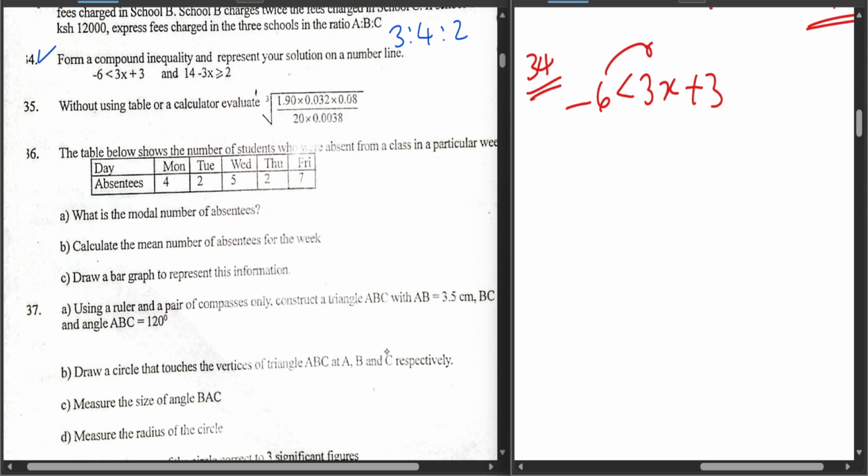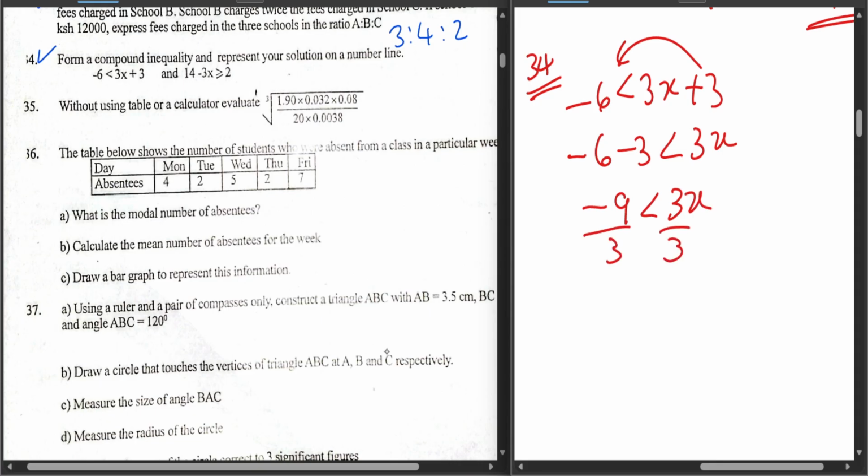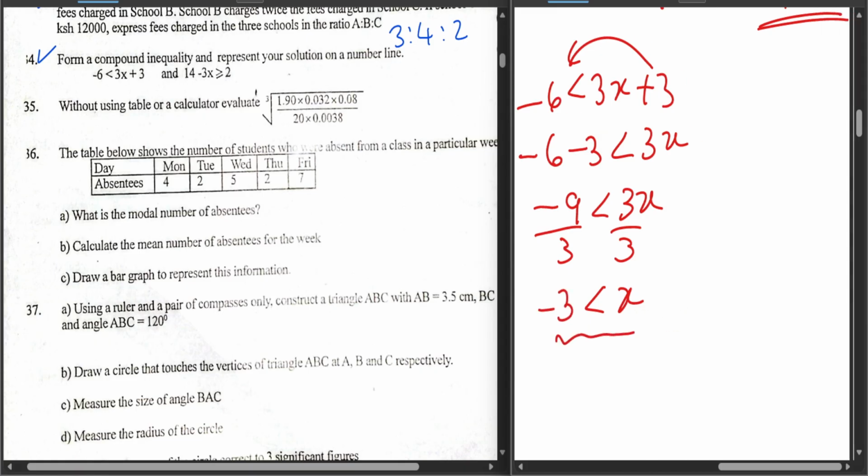Let's put 3 to the other side so that the 3x stays positive. So -6 minus 3 will give you -9, less than 3x. Divide by 3, divide by 3, x is greater than -3, or -3 is less than x.